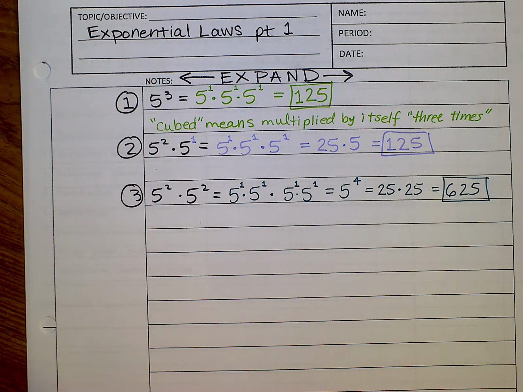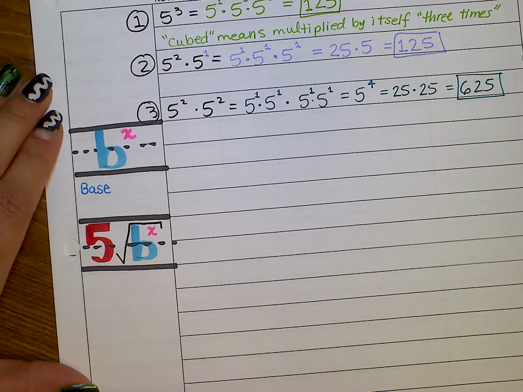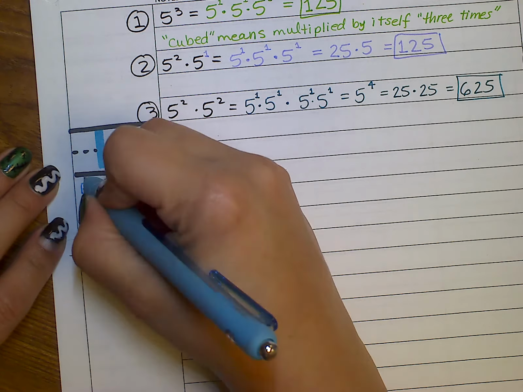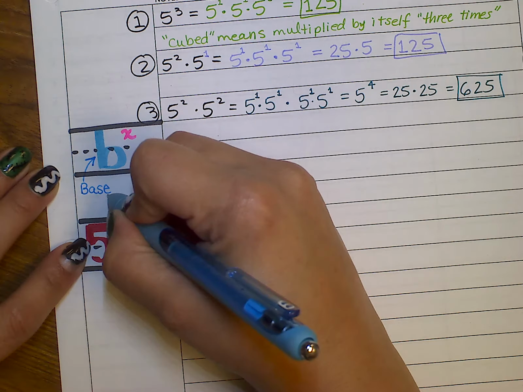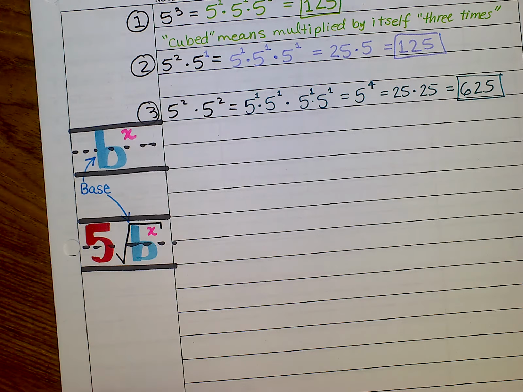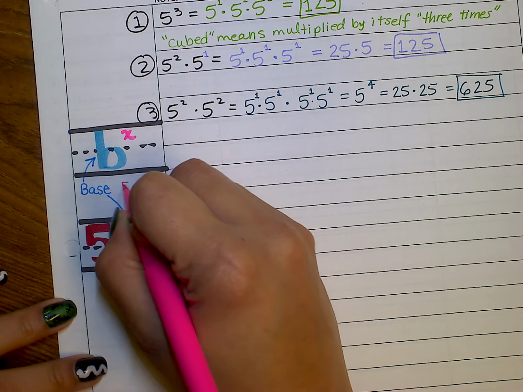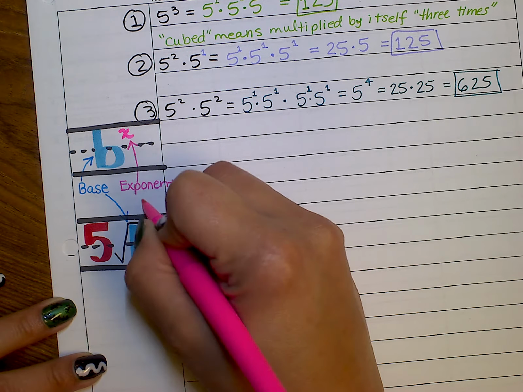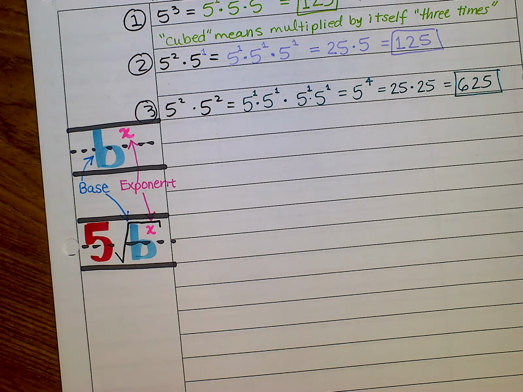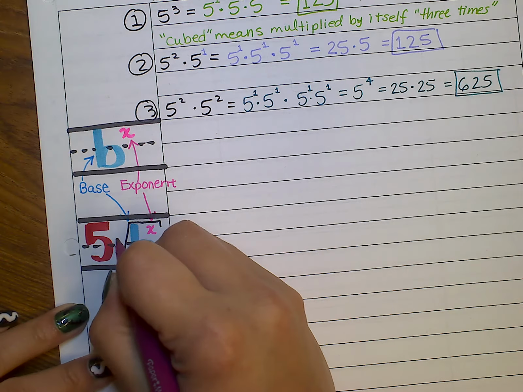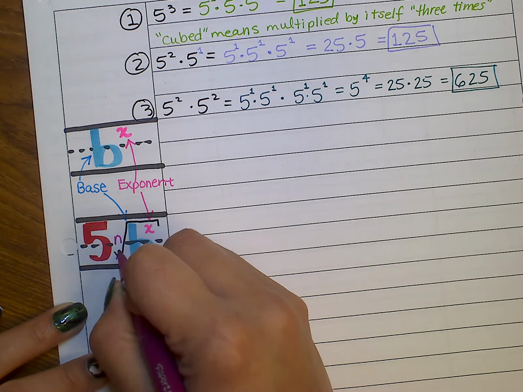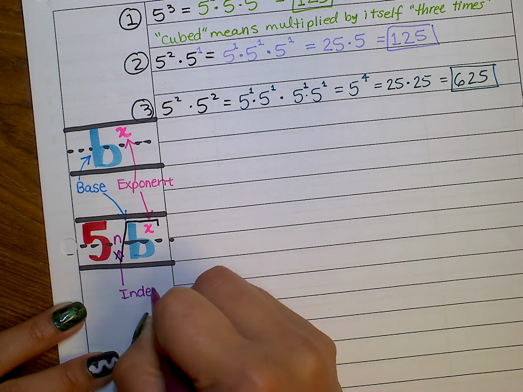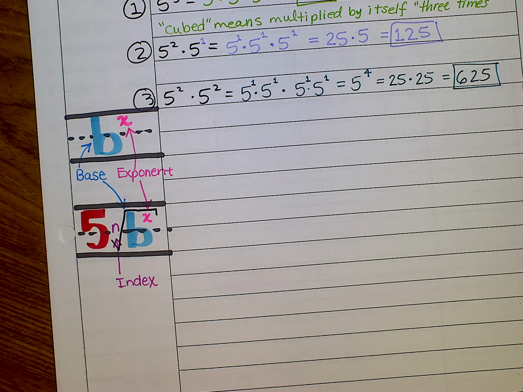Then we took a short moment to go over how everything should be proportioned. So we said that this blue B is going to represent our base, and this pink X is our, of course, exponent. Oh, I forgot to add in this little purple N for index. And of course, we have our red coefficient.